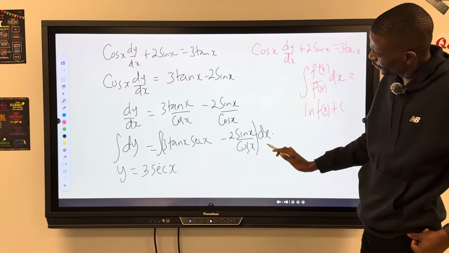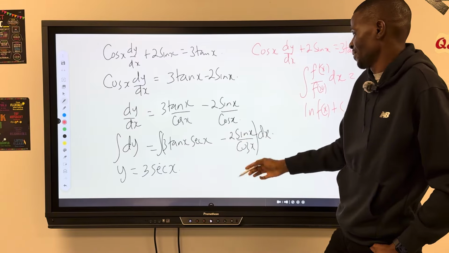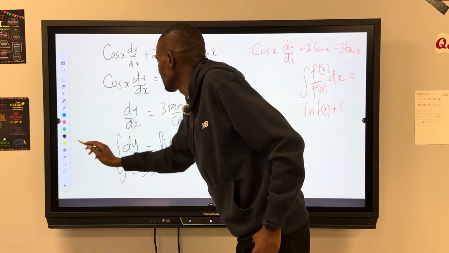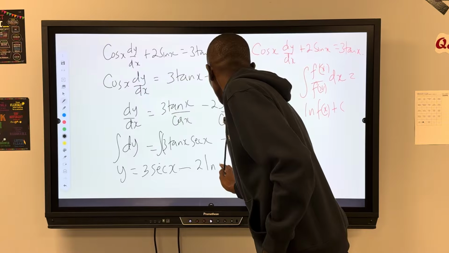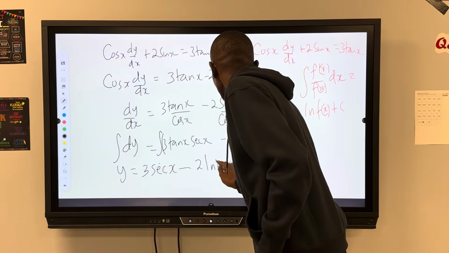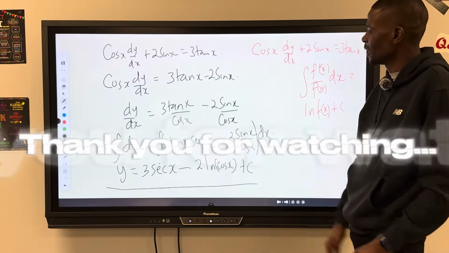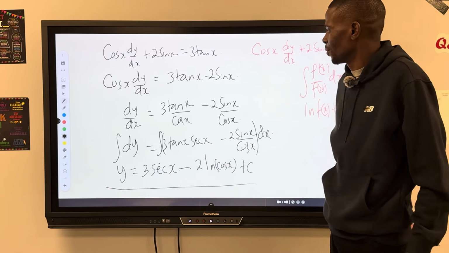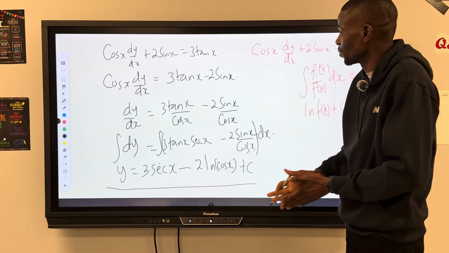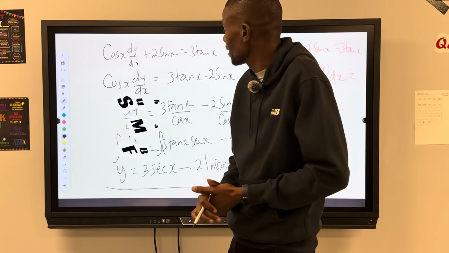We see that if we differentiate cos, we get negative sine, right? So the answer here becomes minus 2 natural log of cos x plus c. Then we are done. So here, this is the integral of that ordinary differential equation. That's the general solution of that ordinary differential equation.